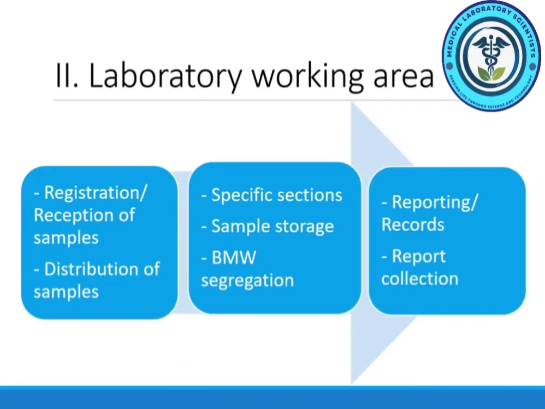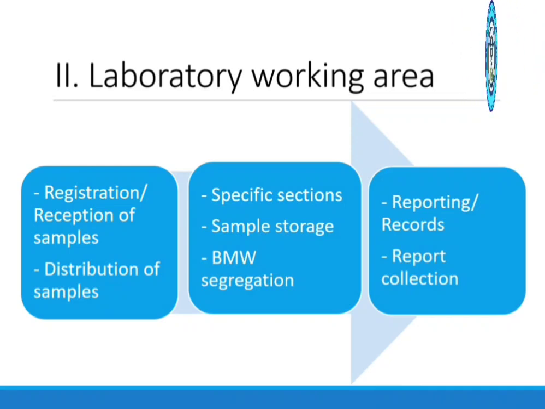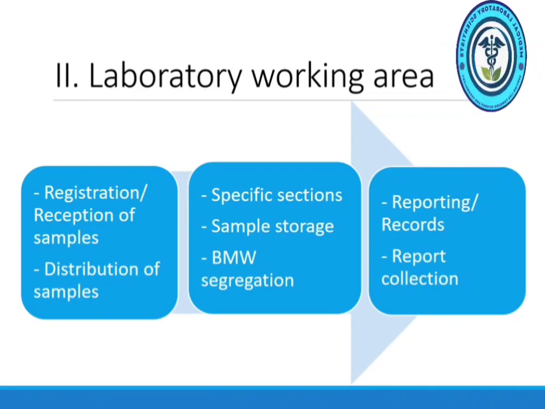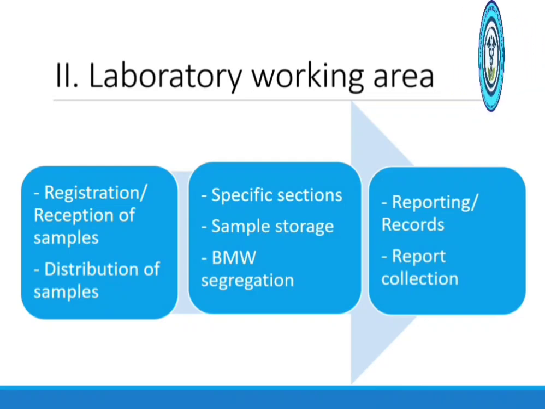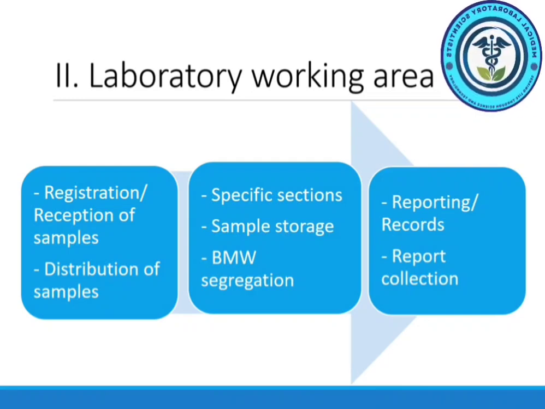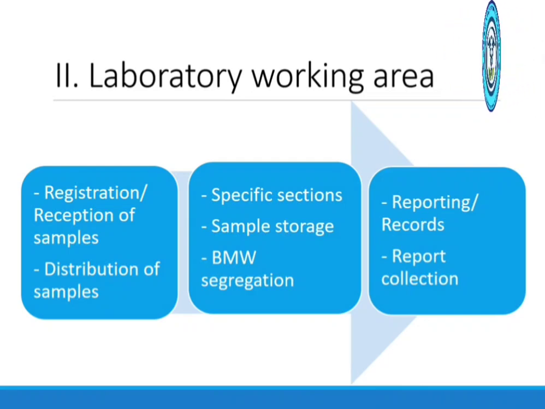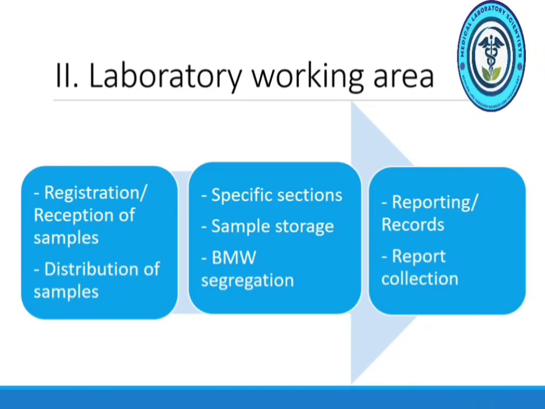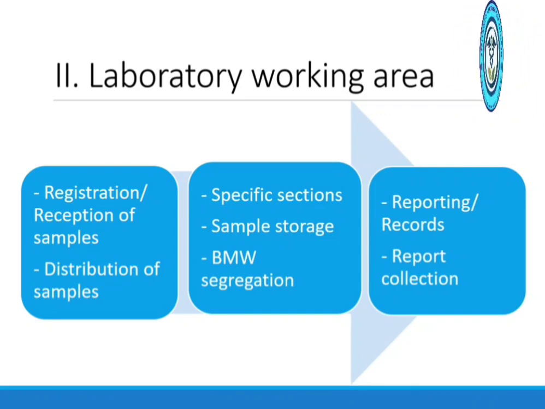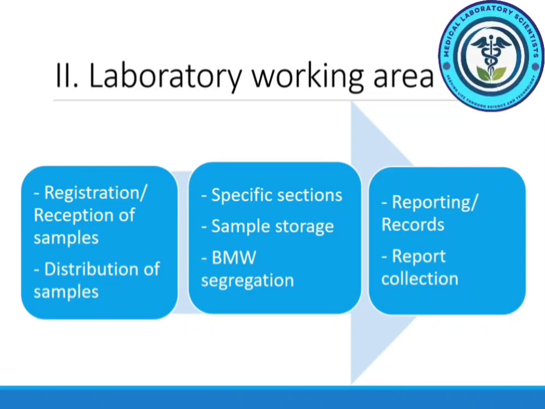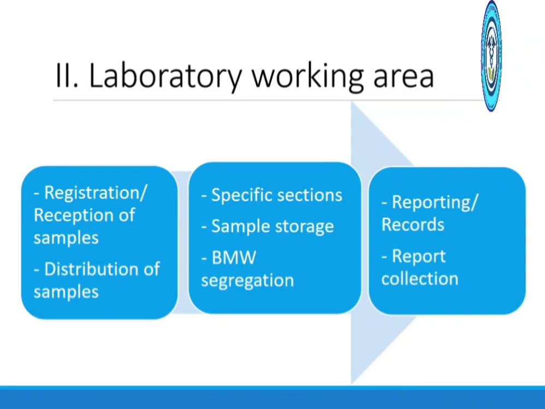The main laboratory working area should include a specimen reception counter where the specimens will be received and registered, after which they will be distributed to the different sections of the laboratory for processing and testing. At some laboratories, before distribution, the samples may be centrifuged if required and then distributed.